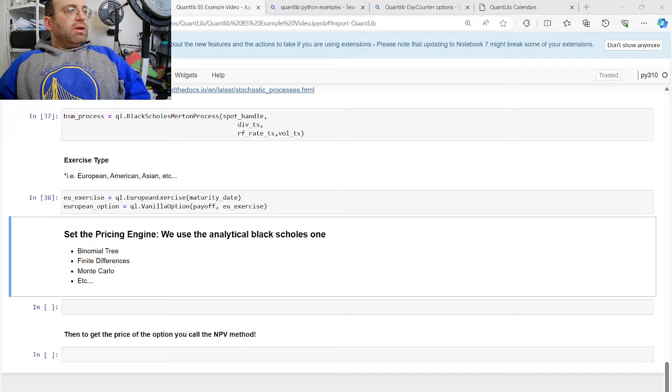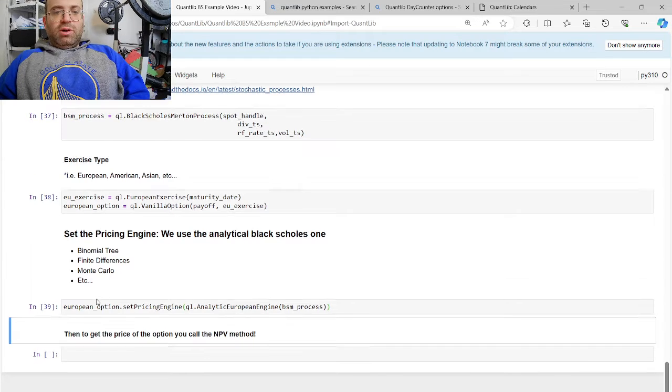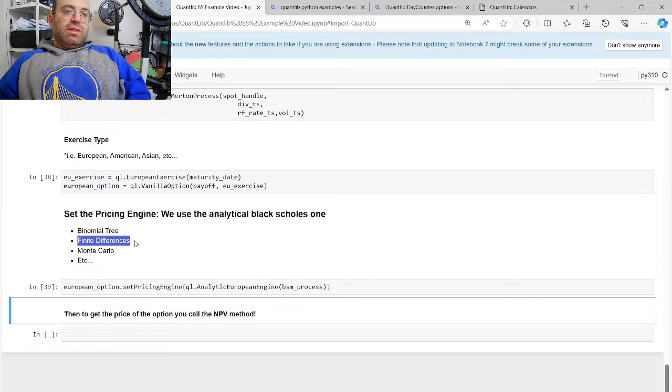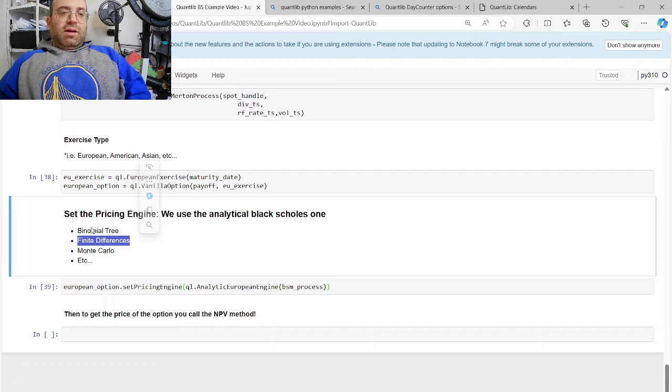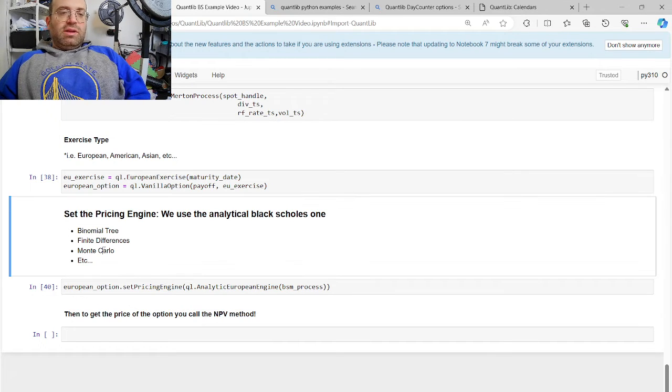It would be like this: European option dot set pricing engine, QL dot analytical European engine, with the BSM process. In the future, we'll definitely show finite differences and probably binomial trees, because we want to deal with more American options and non-constant volatility and that sort of thing. You don't have an exact formula for that, so you really need to use one of these approximation methods.